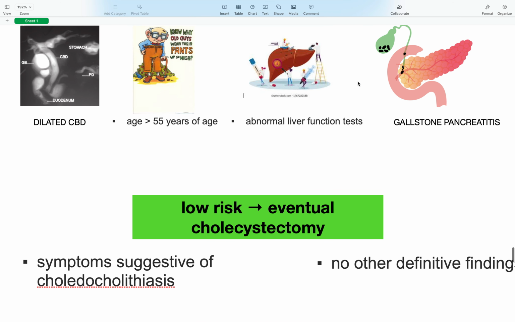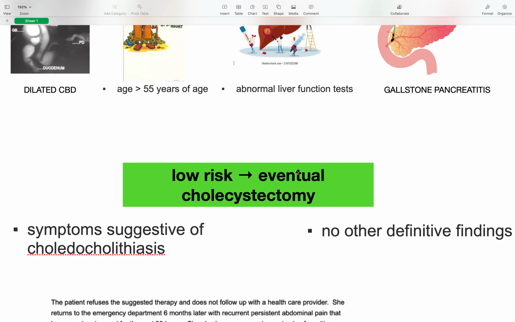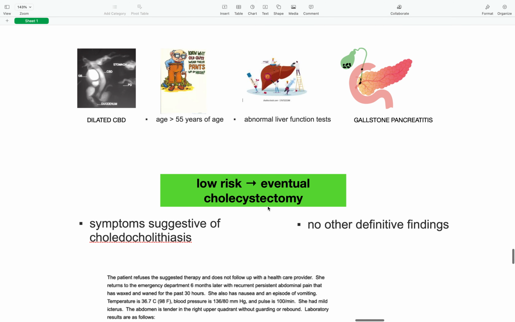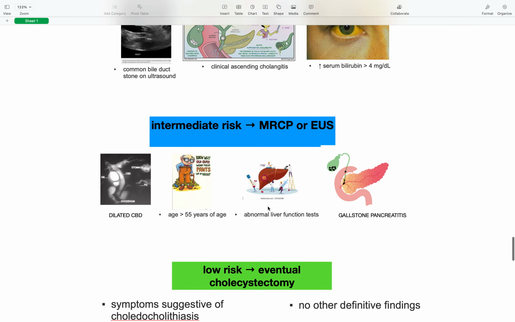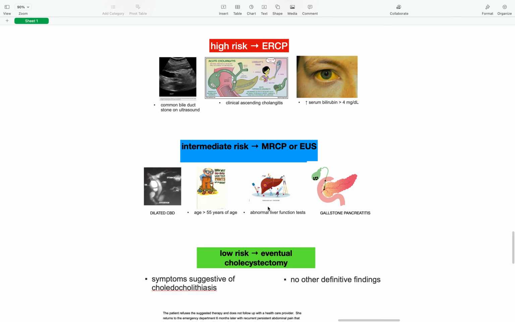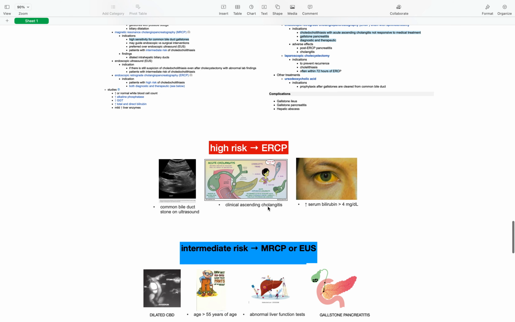Then the other group is the low risk group who eventually will need cholecystectomy. These patients have no symptoms suggestive of choledocolithiasis and no other definitive findings. Okay, so that is the risk stratification associated with choledocolithiasis.